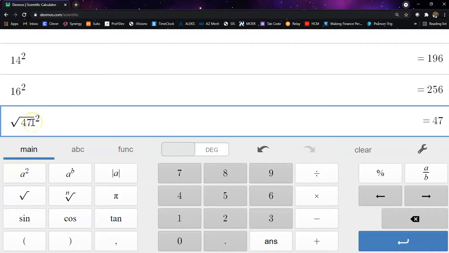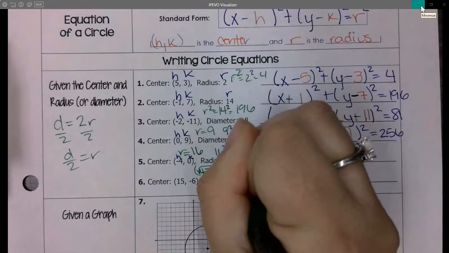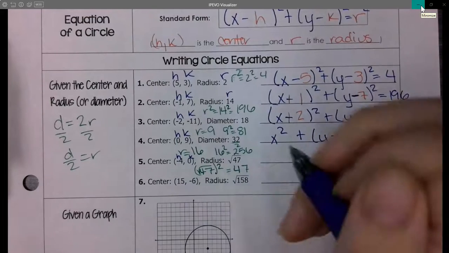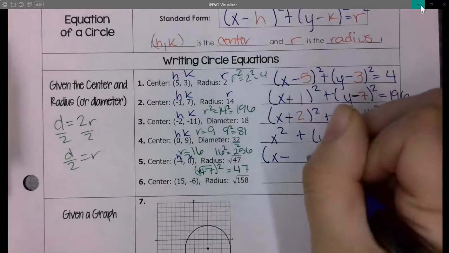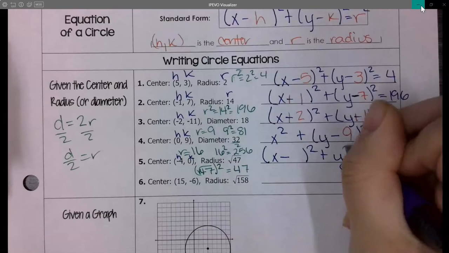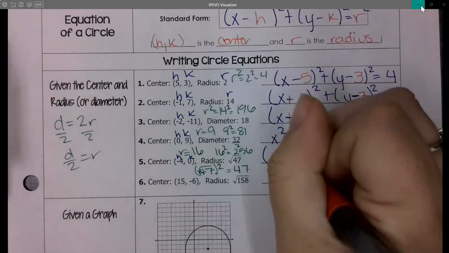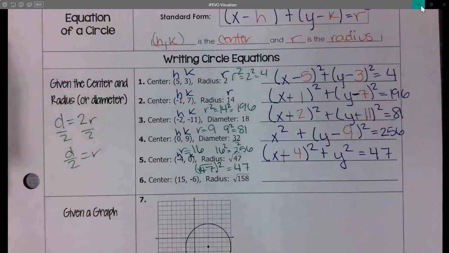So I can see when I type in Desmos that if I have a square root squared, they cancel out because those are inverse operations, and I just get 47. So I can plug in. I'm going to have x minus -4 squared, and then the y was 0, so I'm going to have just y squared equals 47. And the sign changes because my 4 was negative.